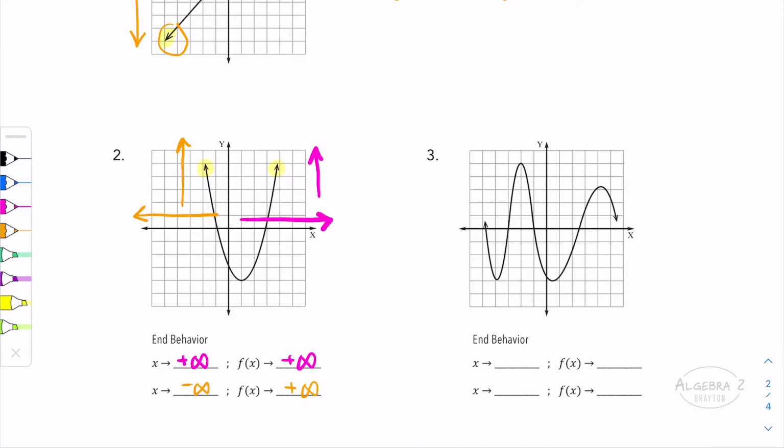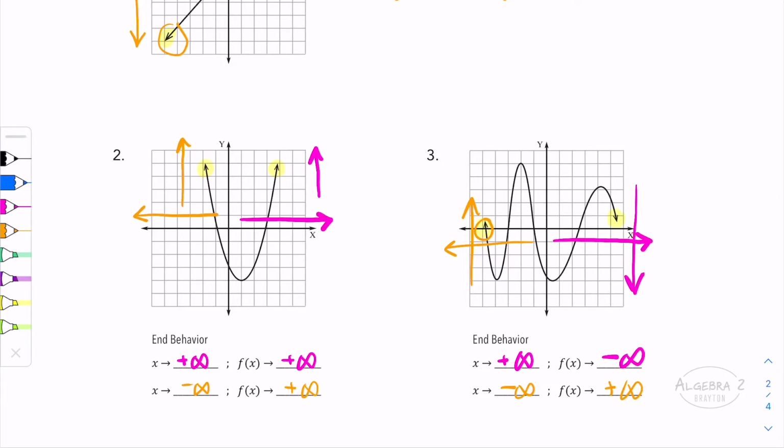Last example, our 2 ends. As x heads towards positive infinity, this graph is actually heading down towards negative infinity. And as x approaches negative infinity, this graph is heading up towards positive infinity.